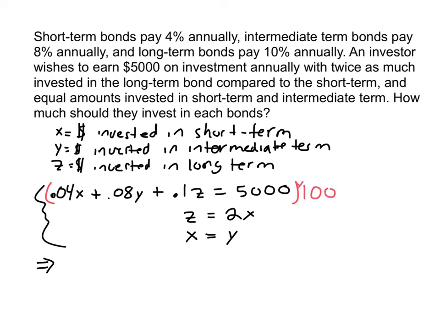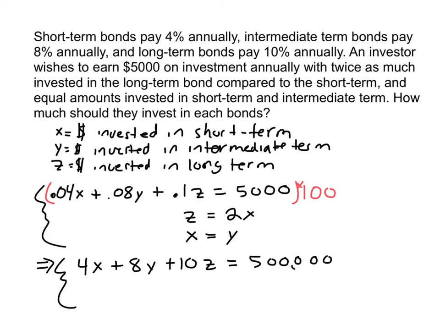You don't have to do that, but I think it's a little easier to deal with. So 0.04 times 100 is 4x plus 8y plus 10z, and then I need to add 2 zeros onto my 5,000, so that would be 500,000.